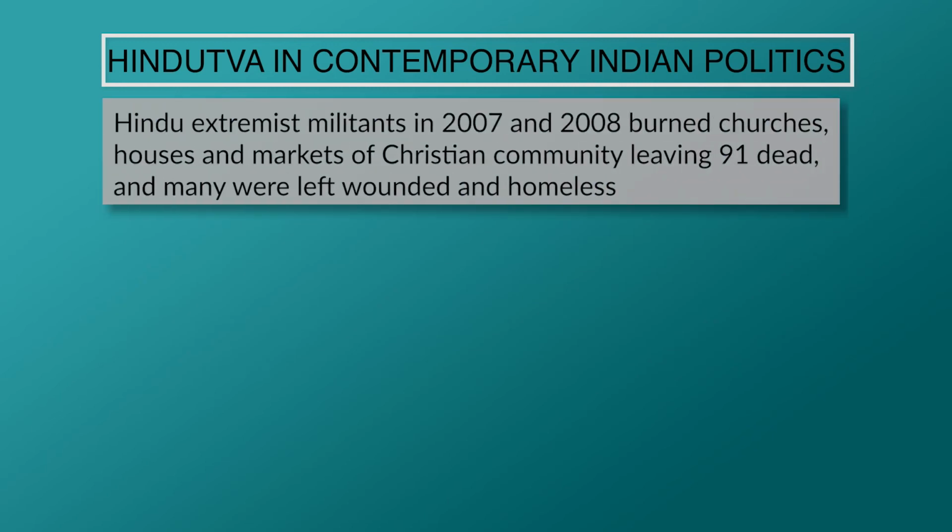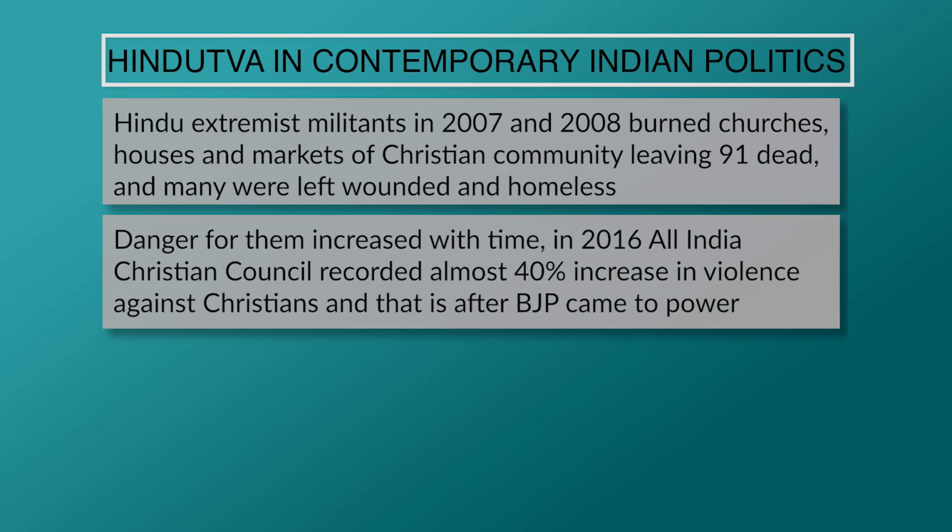Hindu extremist militants in 2007 and 2008 burned churches, houses, and markets of the Christian community, leaving almost 91 of them dead, and many were wounded and homeless. Dangers for them increased with time. In 2016, the All India Christian Council recorded almost a 40% increase in violence against Christians, and that is after the leading power has captured the central governmental structures.